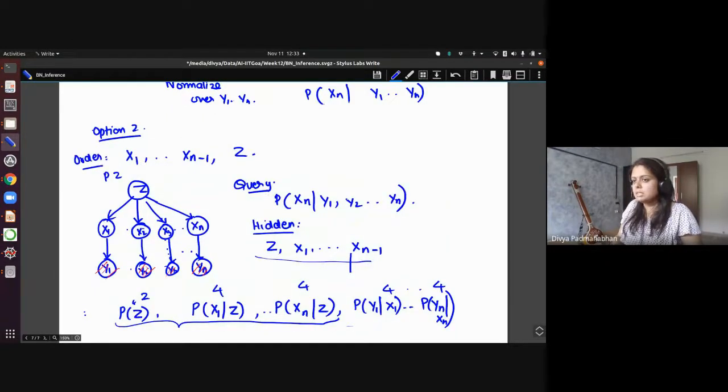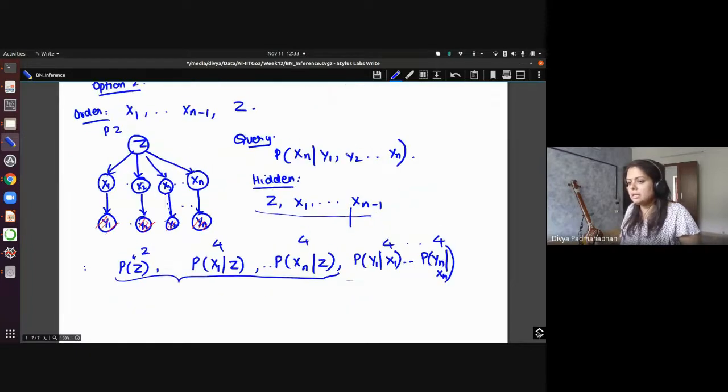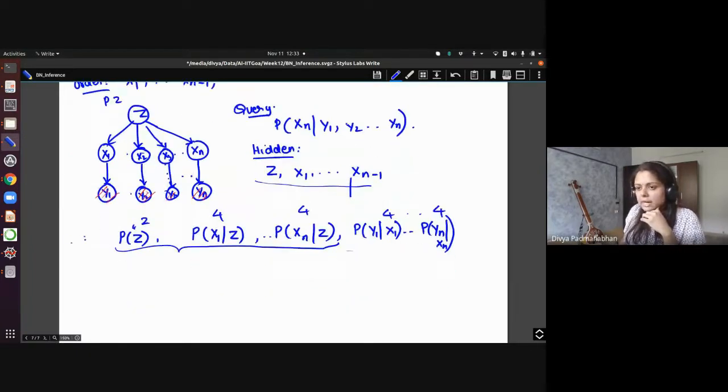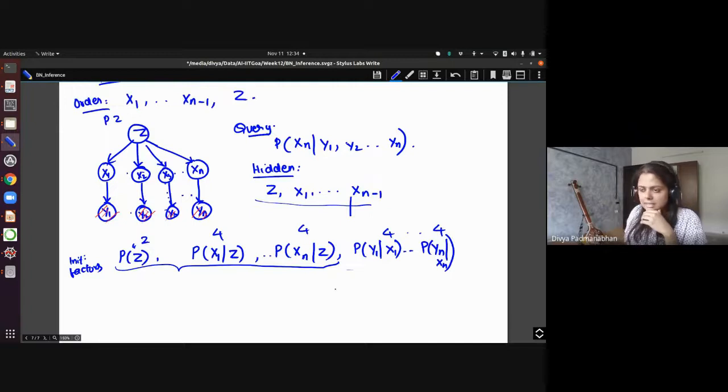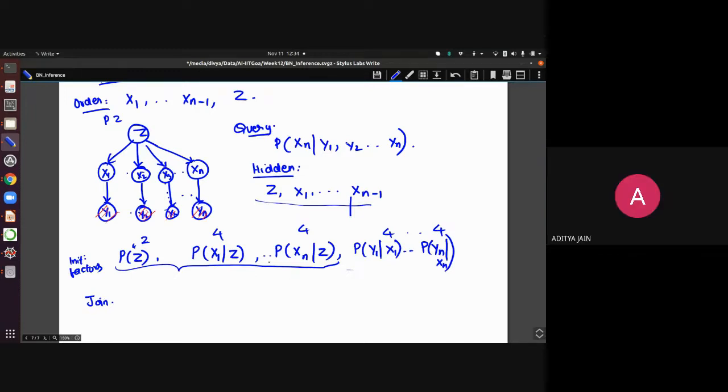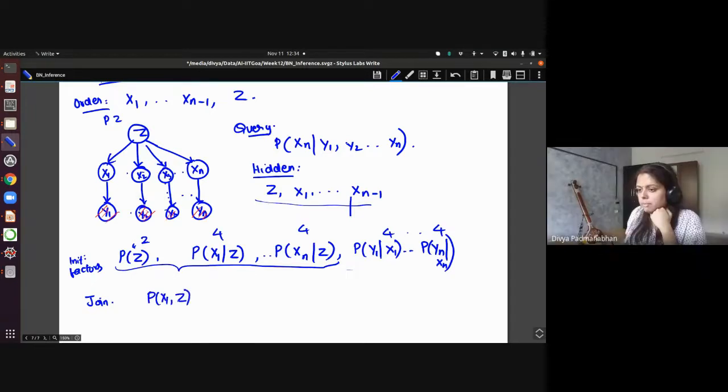So what happens now? Can you tell me, these are the initial factors. I'm starting with x1 to xn minus 1, and then z. So what happens? The first join operation will have what all? P of x1 given z and p of y1 given x1. So you join p of x1 given z and p of y1 given x1.